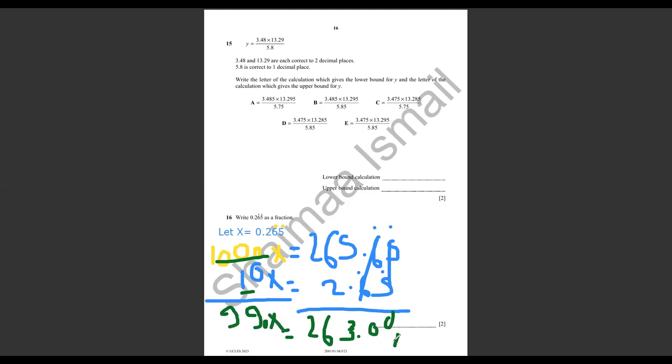So x now as a fraction equals 263 over 990. Final answer.